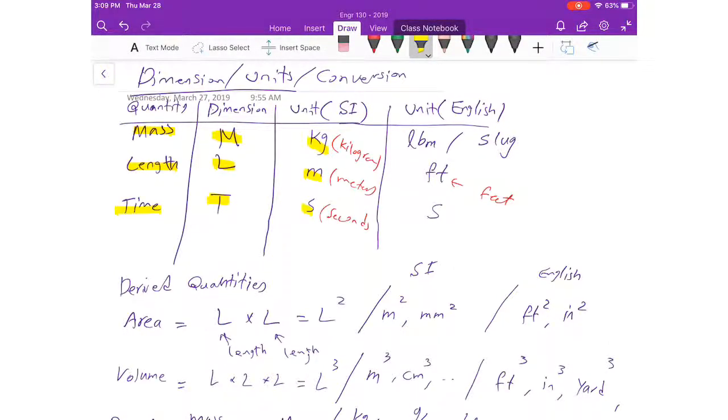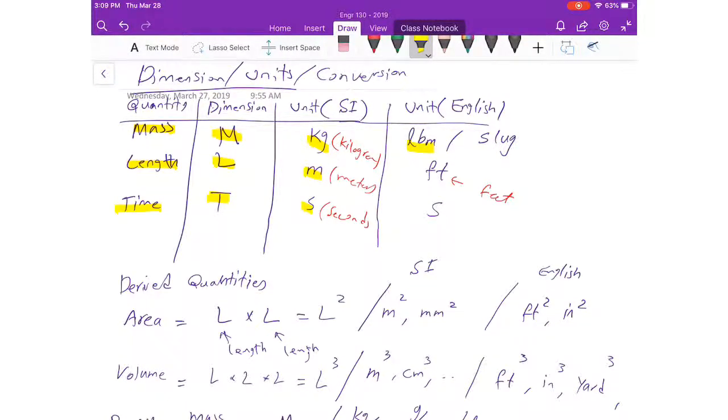Similarly, in the English system, the unit for mass is slug or pound mass. LB stands for pound. The unit for length is feet, and the unit for time is the same, second.